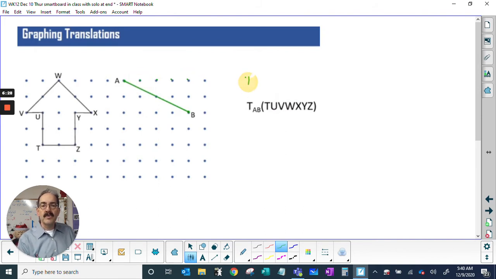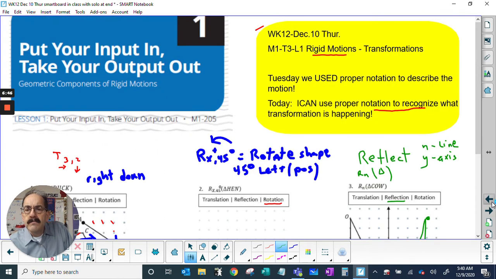We're going to translate this arrow 4 units to the right, 1, 2, and down 2 units. So that's going to be -2. Okay, so down, -2. Did I write that correct in our notes?